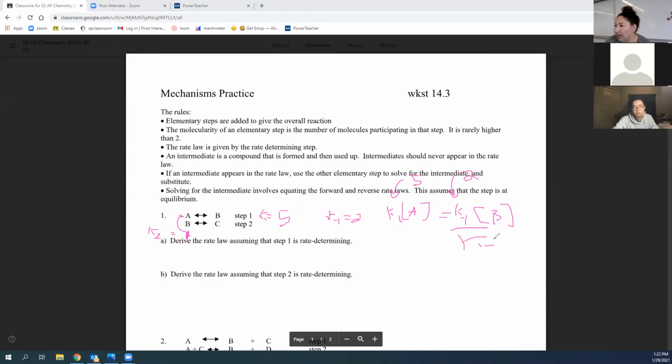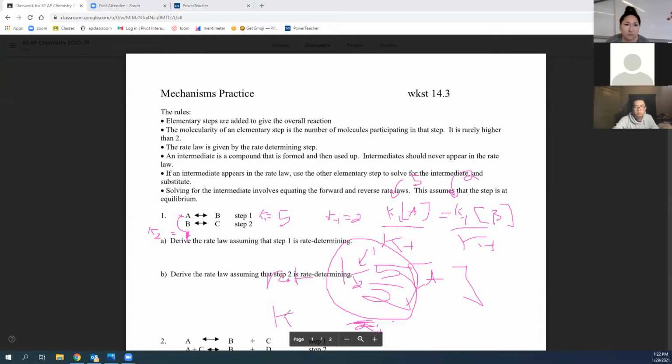So I divide by K negative 1, and it's really 5 divided by 2 times A, which is another number, 2.5. Then we substitute that in, and K2 equals 1, so it's 1 times 5 over 2. That's just the new K.